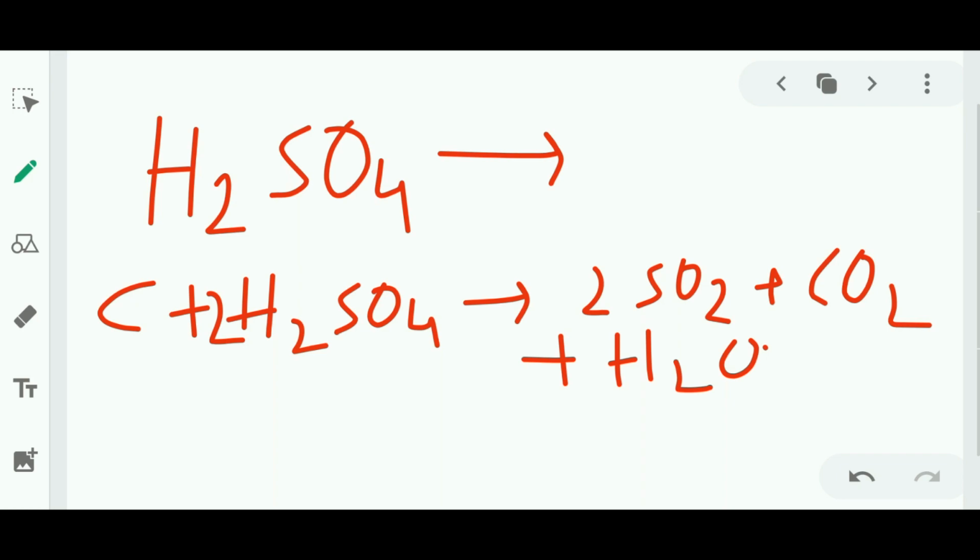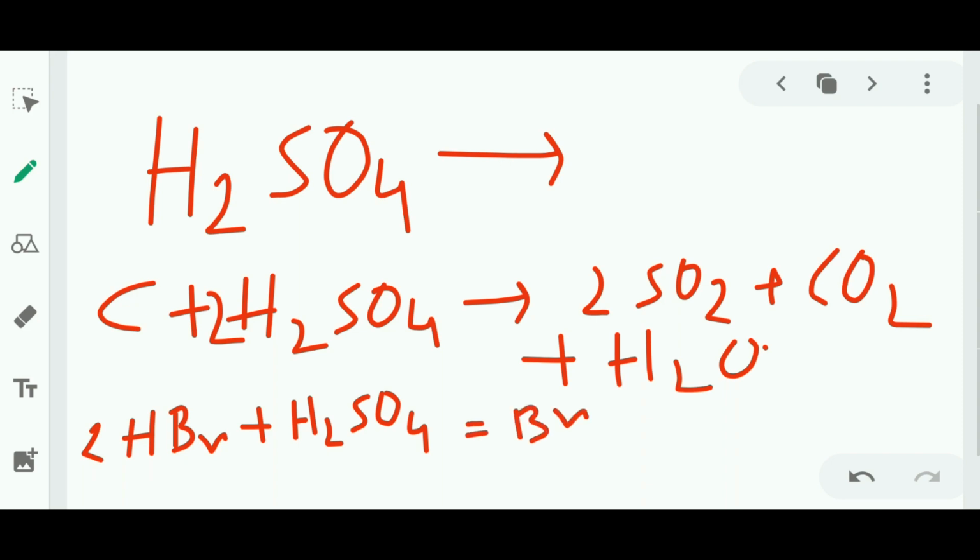So 2HBr reacts with H2SO4, and bromine, that is Br2, is produced, along with SO2 and also H2O. These are all examples where the oxidizing property of H2SO4 is used.